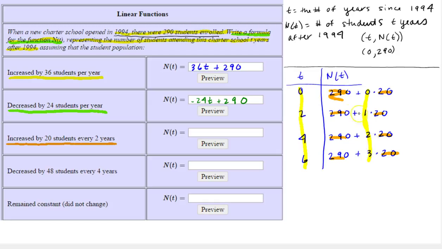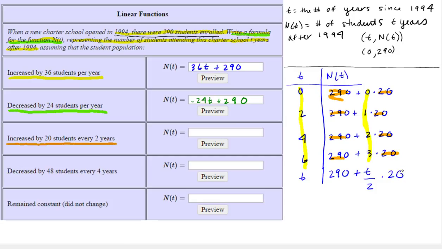Notice the t value is twice as large as these numbers, or we could think of these values as half the given t value. So in general, we could write this as, for the tth term, we have 290 plus, we could take t, divide it by 2, and multiply by 20.